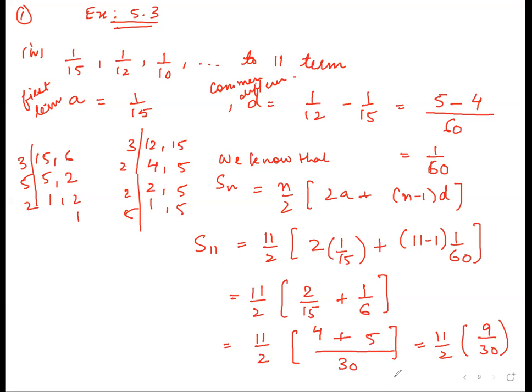So just simplify this. What is the answer now? I think nothing can be divided here, it will remain a fraction. So it will be 99 upon 60. Yeah, it is divisible by 3, right? So 3 into 3 is 33, and 20.